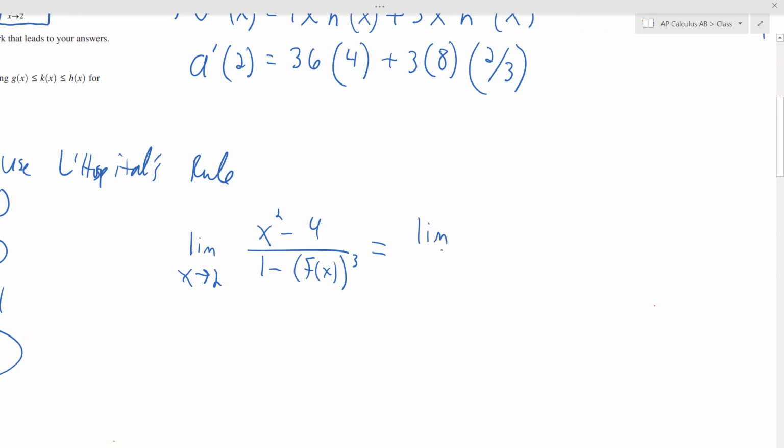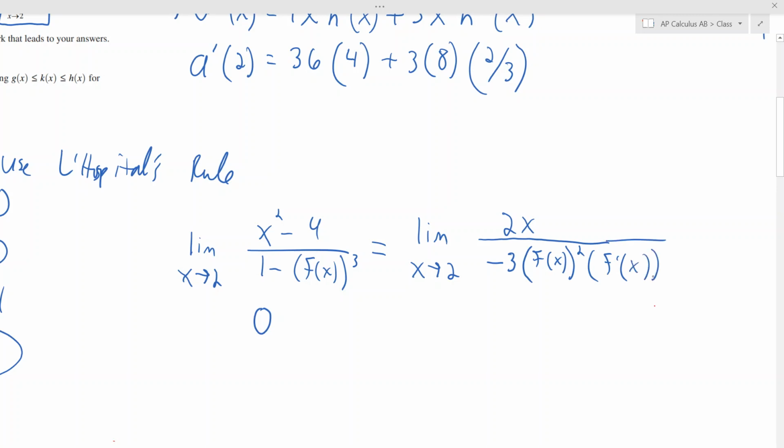So when you do L'Hopital's rule, which you don't need to explain in this particular question because they told us you could use L'Hopital's rule, you derive the top, that's just that. You derive the bottom, that 1 derives to a 0, and negative f of x cubed derives to negative 3. The derivative of anything cubed is that squared times the derivative of the inside.